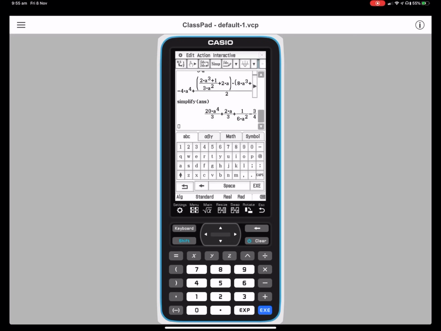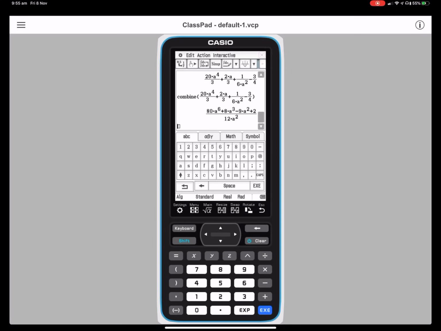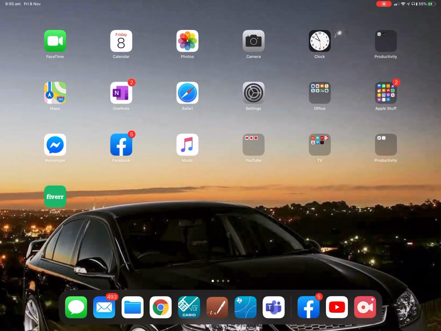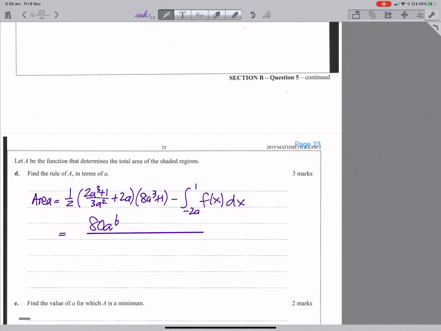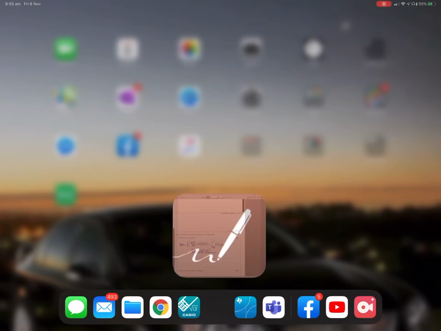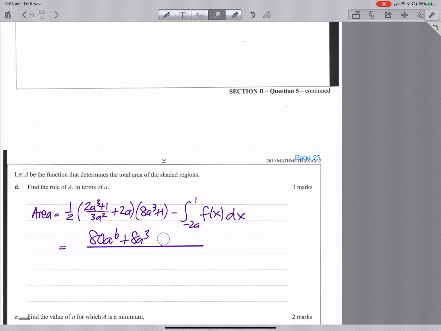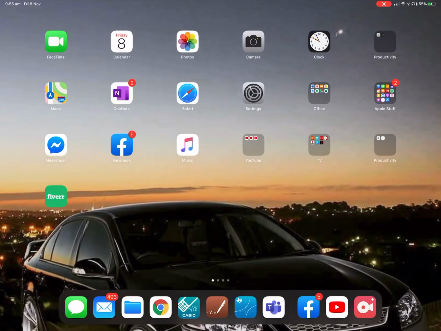That looks nasty, but let's combine it. 8a to the 6, 8a cubed, 9a squared, and then minus 9a squared plus 2, all on 12a squared.